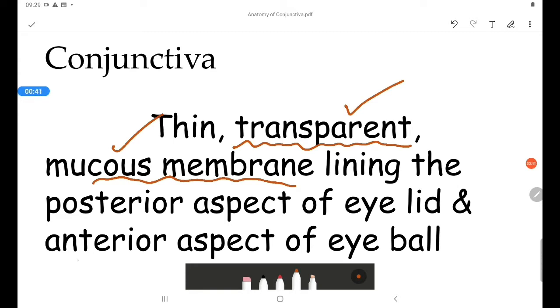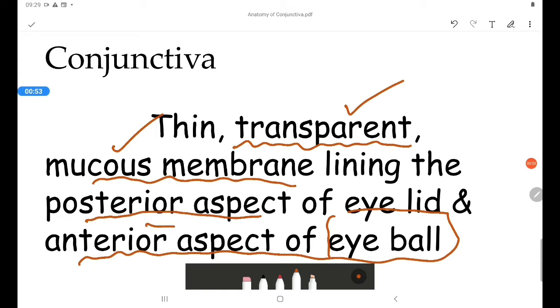Now this lines the anterior aspect of the eyeball, which you are definitely sure about. An extra piece of information is that it is also covering the posterior aspect of the eyelid.